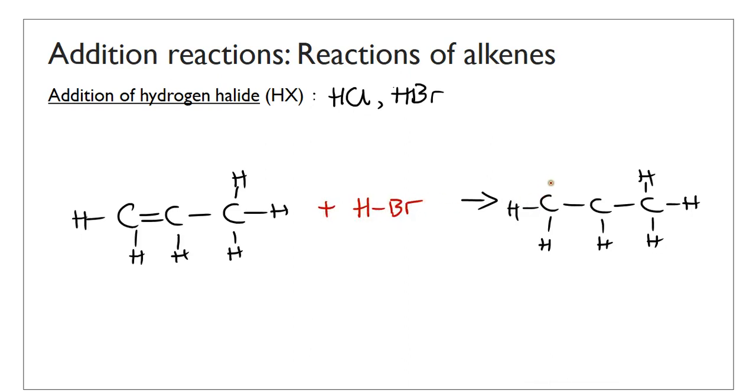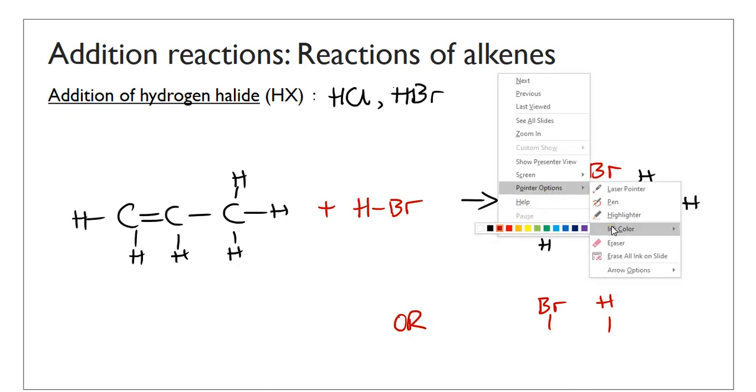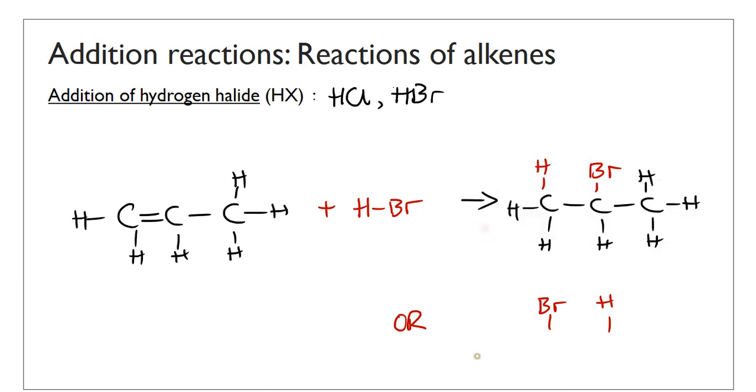So let's say we have HBr, then this is another situation when you can have two different possible products. You can have the hydrogen being added to the first carbon and the bromine being added to the second carbon, or you can have the opposite. And in a lot of cases, you're going to have a mixture of both products being present, and then you have to try to separate the two products.